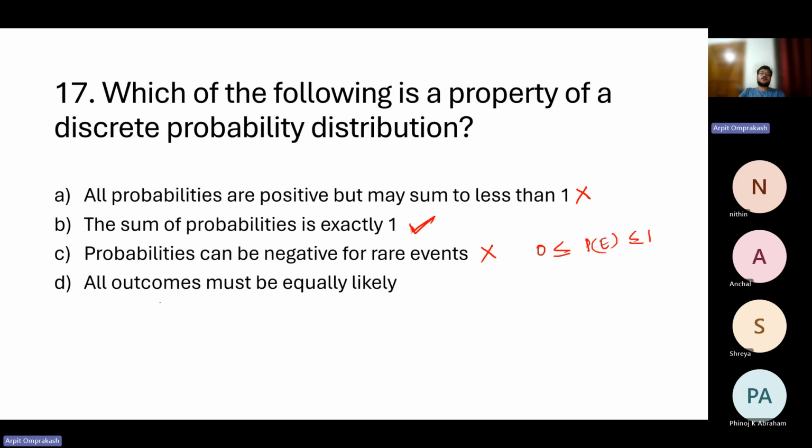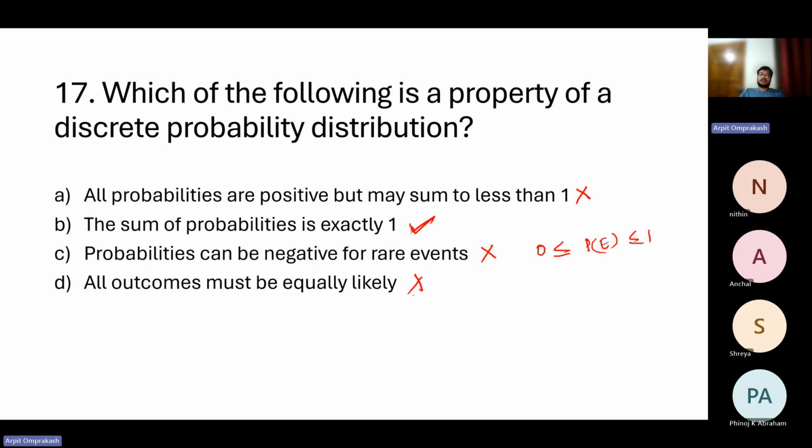Option D, all outcomes must be equally likely. This is incorrect because most of the discrete probability examples we talked about, like tossing a coin or rolling a die, have equally likely outcomes.